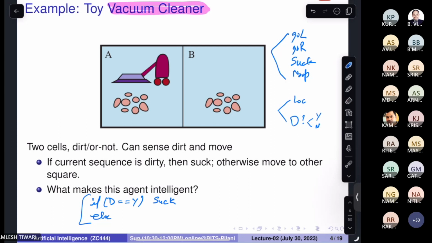Again, I can write: if LOC is equal to A, go right, because the room would be B only. Else, go left. Am I right?